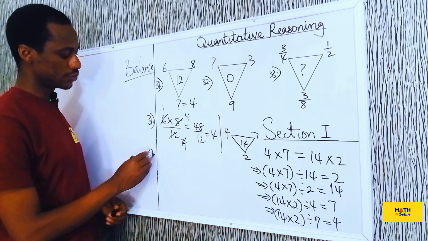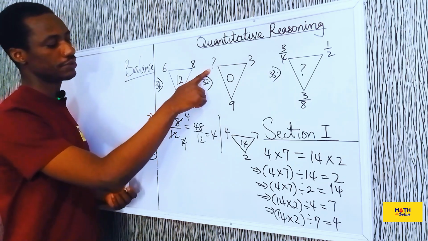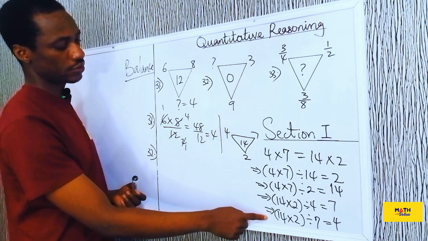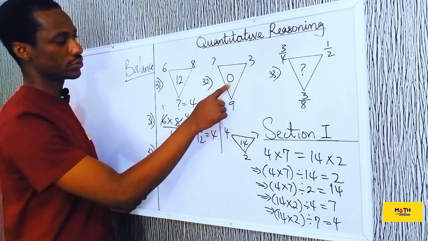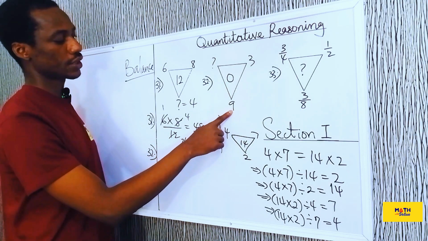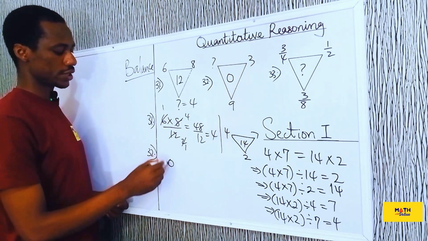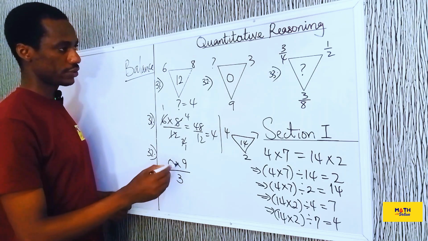For number 32, you have this part missing. That is in place of 4 in our analysis. How did you get 4? We did 14 times 2 divided by 7. So we're going to do 0 times 9 divided by 3. So we do 0 times 9 all over 3.